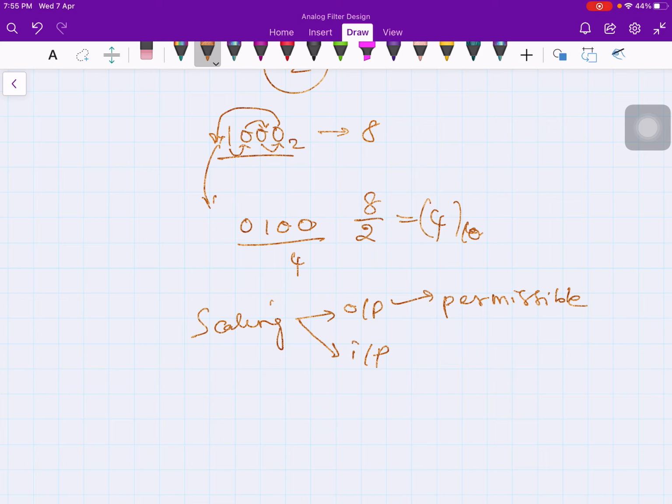Your signal is already weak, right? If you again scale by 1 by 2 or 1 by 4, the signal is prone to another disaster effect, because at the input the signal is already weak, and if you scale it, it becomes very weak.